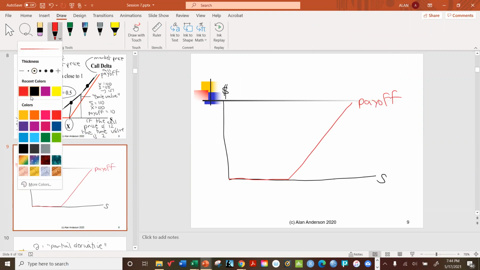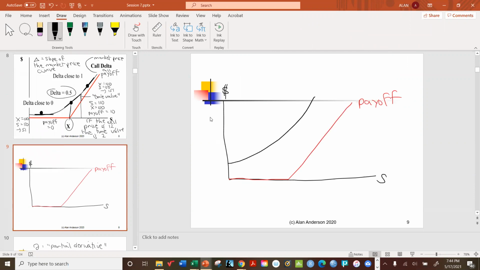So what we're going to do is look at the market price, let's say here. And this is when the option has, let's say, 3 months to maturity.